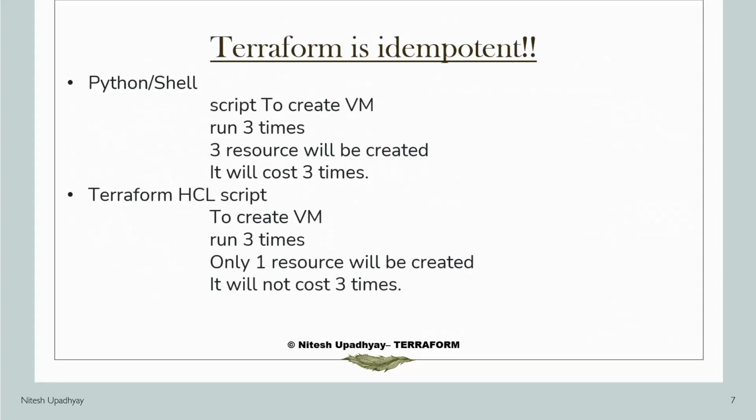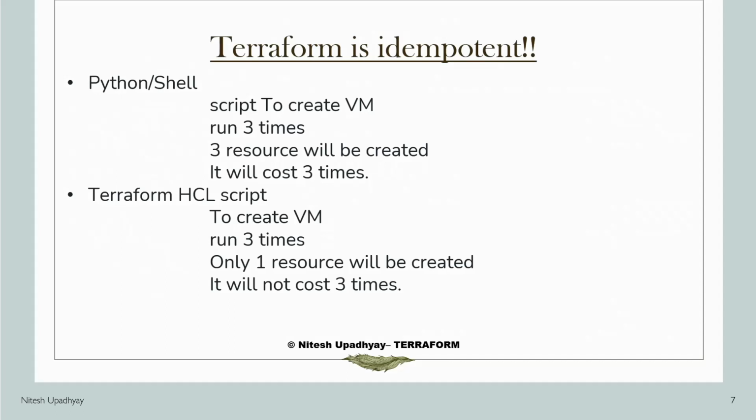Now, Terraform is idempotent. What does it mean here? Let's say you have written Python code or a shell script to create a VM inside GCP. You run your script 3 times, so definitely 3 resources will be created. Therefore, it will cost you 3 times. Maybe you will even get fired after creating 3 resources.